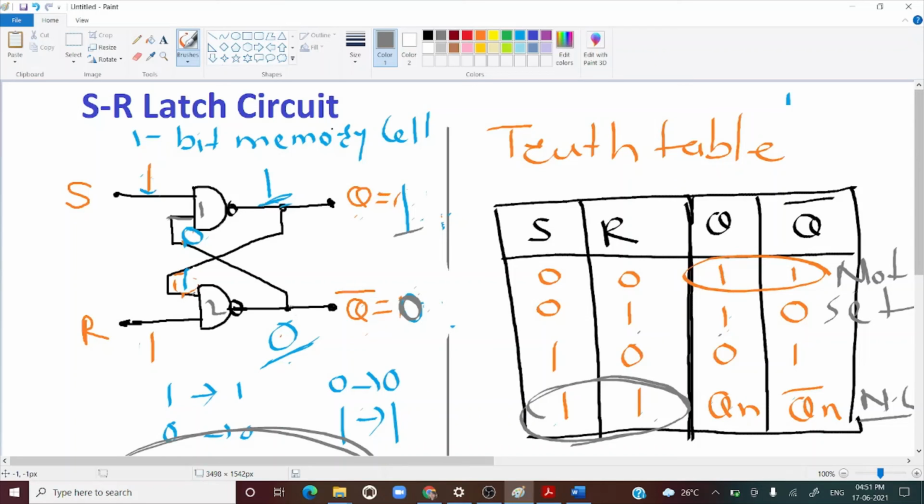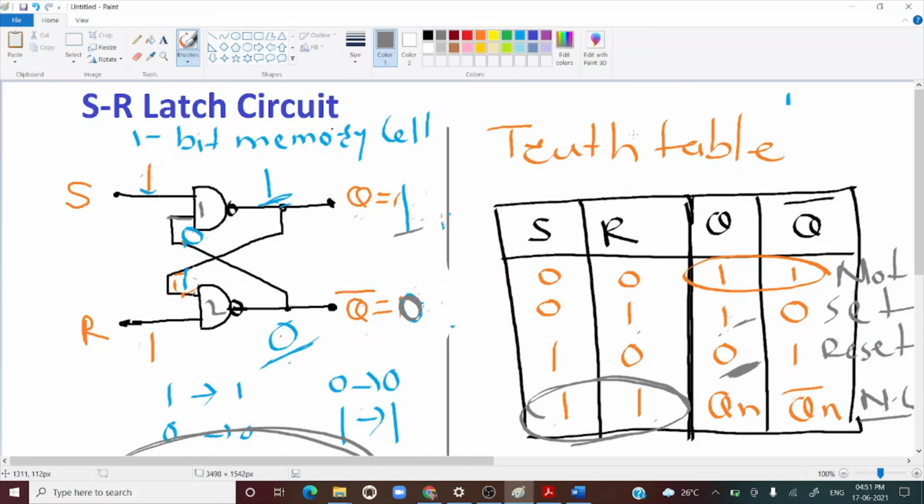Then if S is 1 and R is 0, this is called as a set condition. This is called as a reset condition because here Q is 0. Q 0 means it is reset, and Q is 1 means it is set condition. Okay, so this is all about the working of 1-bit memory cell or the basic SR latch.